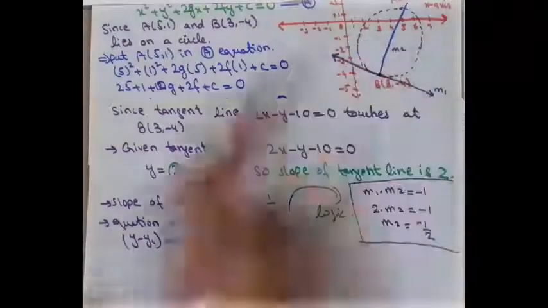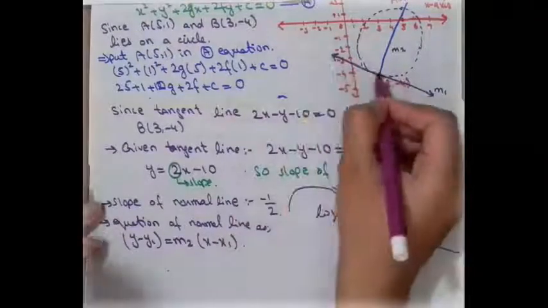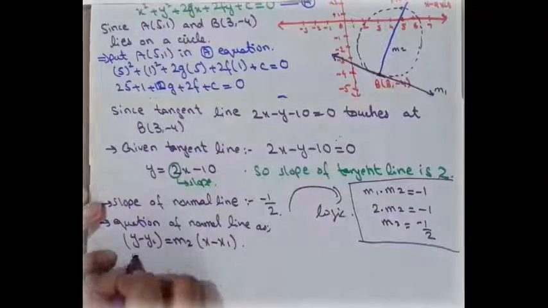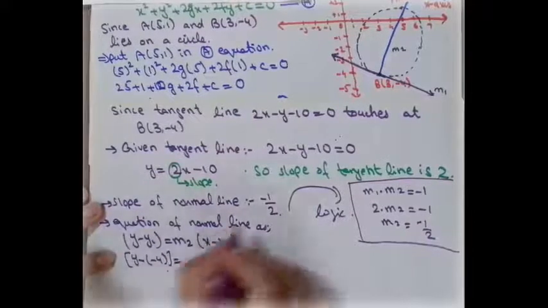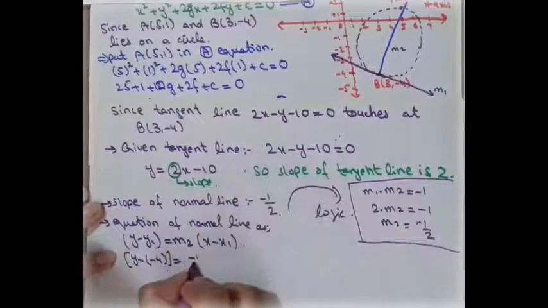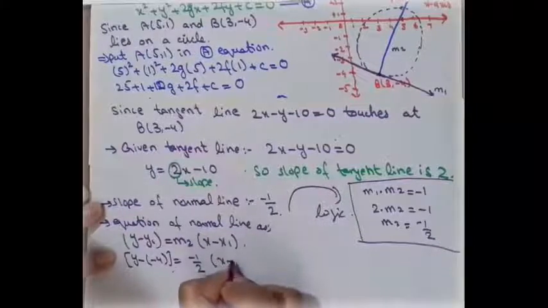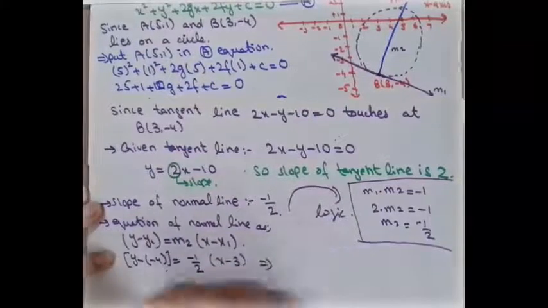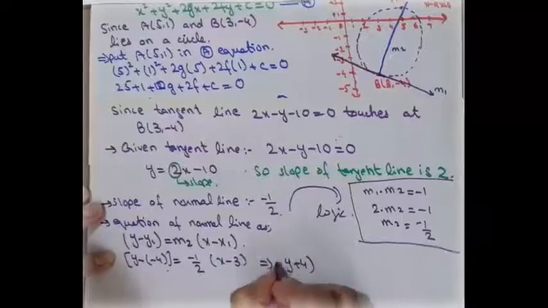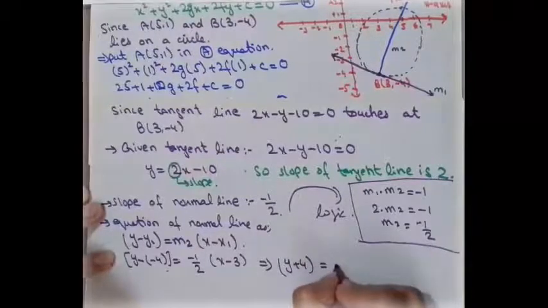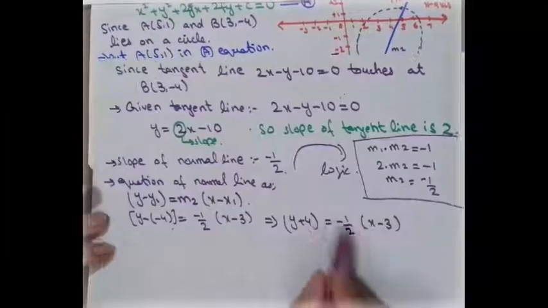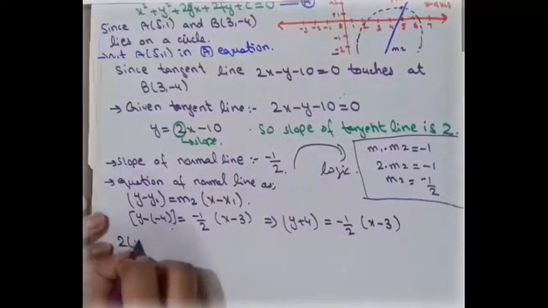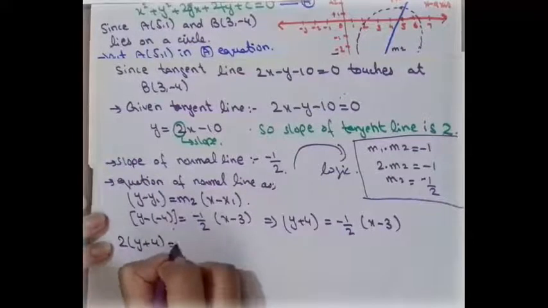As this line passes through point B, we put in the values: y plus 4 equals the slope of the normal line, -1/2, times x minus 3.